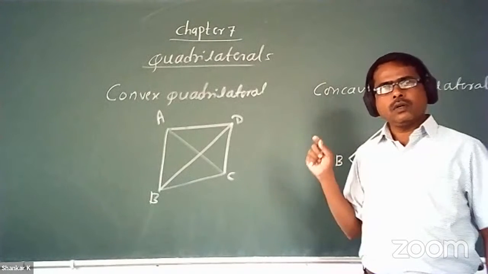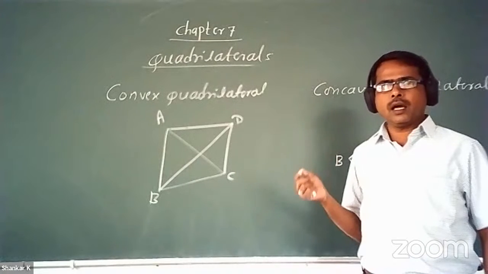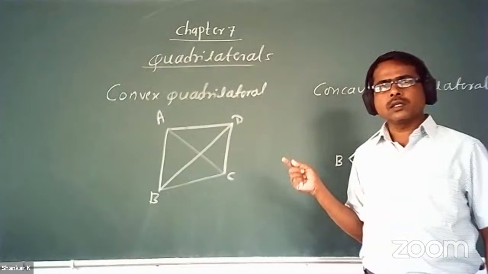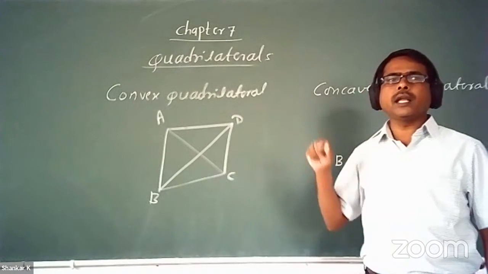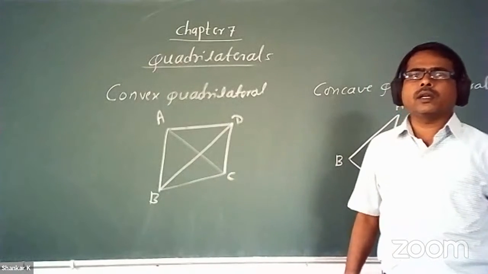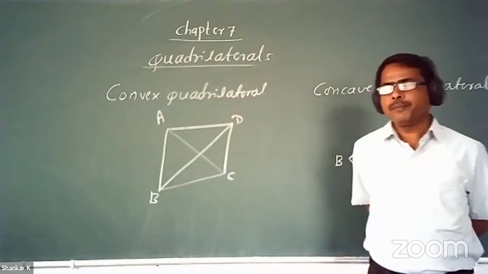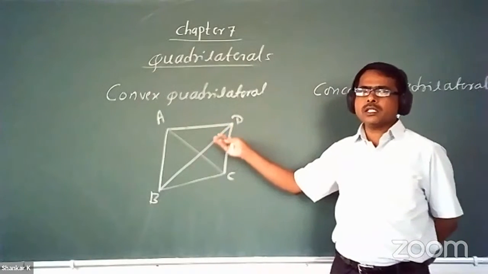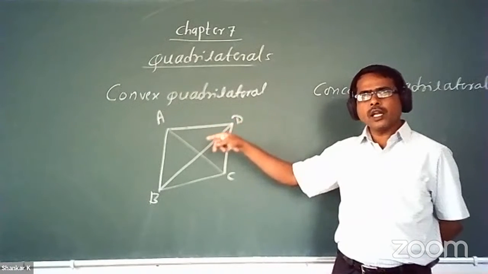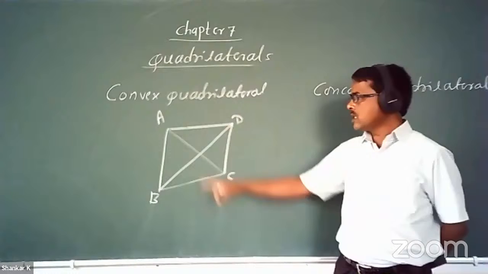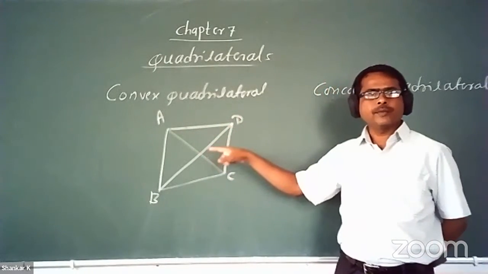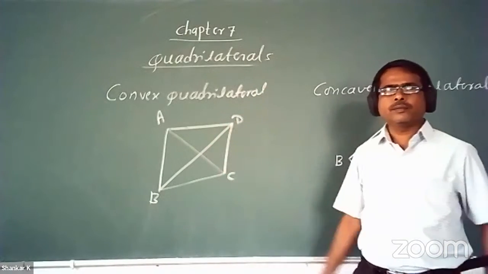If all the diagonals completely lie in the interior of the quadrilateral, then that quadrilateral is a convex quadrilateral. Which is a convex quadrilateral? If the diagonals lie completely in the interior of the quadrilateral. Here AC and BD, are these outside? Those are inside only. So it is a convex quadrilateral.